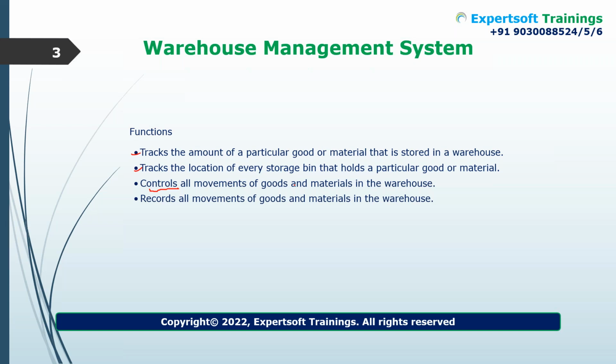And apart from that, it should also record the goods movement. When I say record the goods movement, all the people who work in the background know that whenever you do any goods movement in material management, your material document and FI document get generated. That is nothing but your record of goods movement. You have some movement type, and with that movement type you can identify which movement has been done.